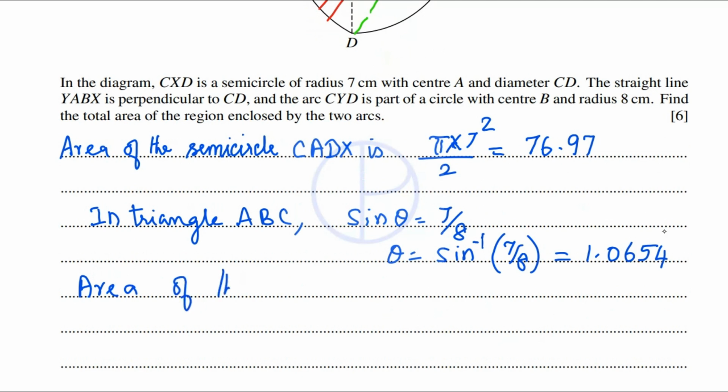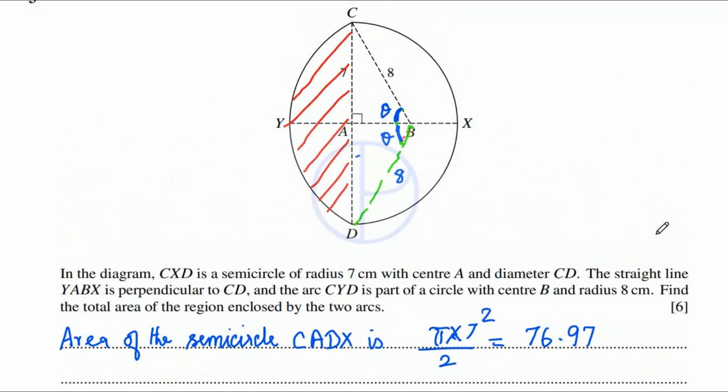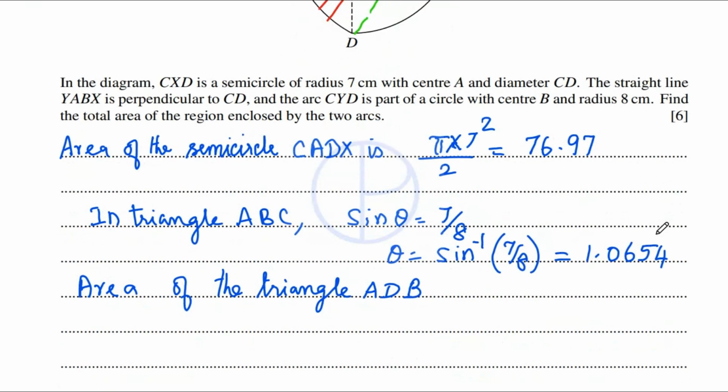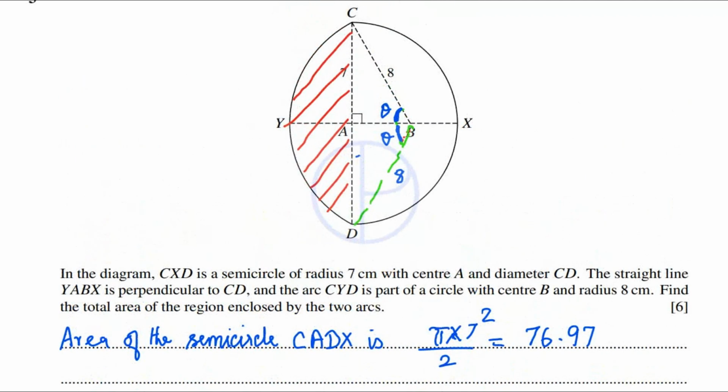Area of the triangle CDB. So now we know the theta value. So angle at B will be 2 theta. Okay.